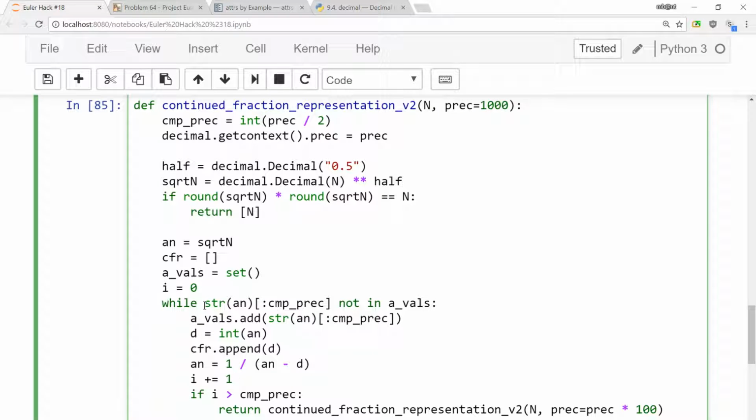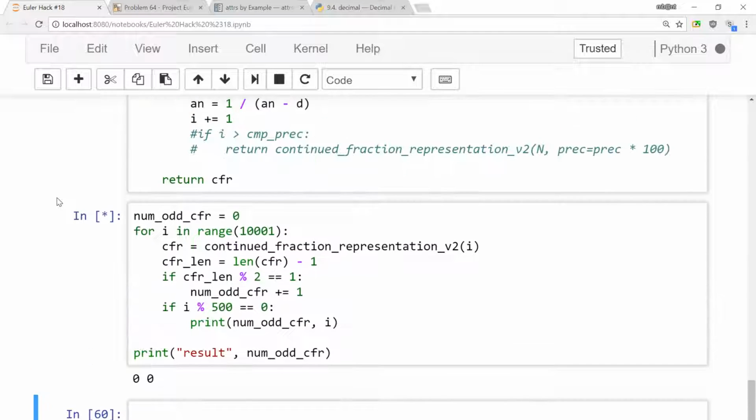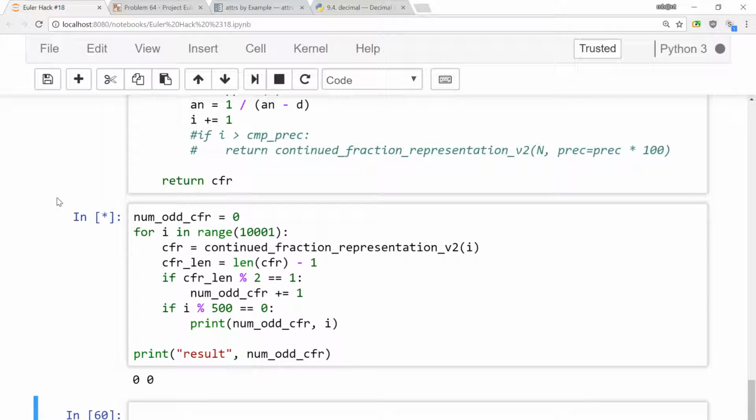Well, the idea is that eventually we find the case. And then we return CFR. So you're comfortable with that? Okay. Well done. I guess we may get a division by zero error if we're lucky.